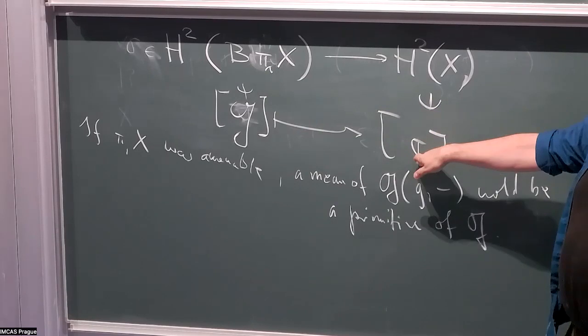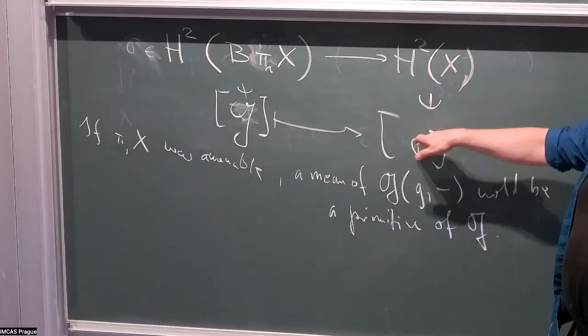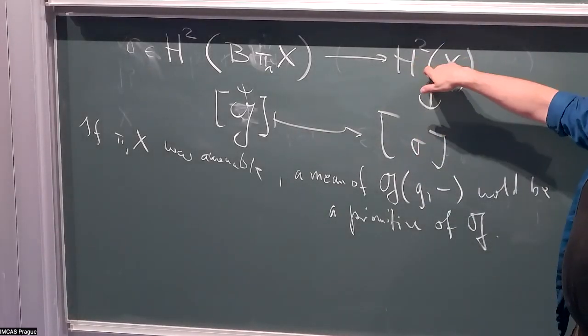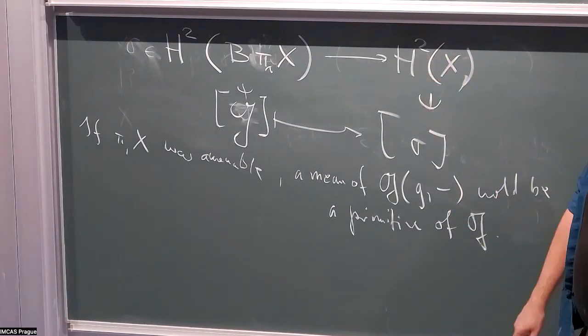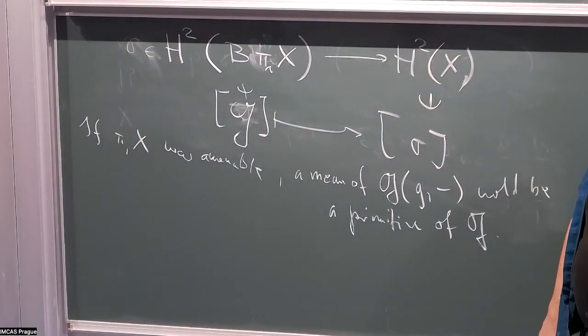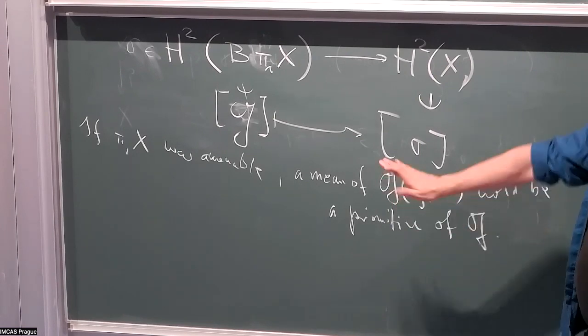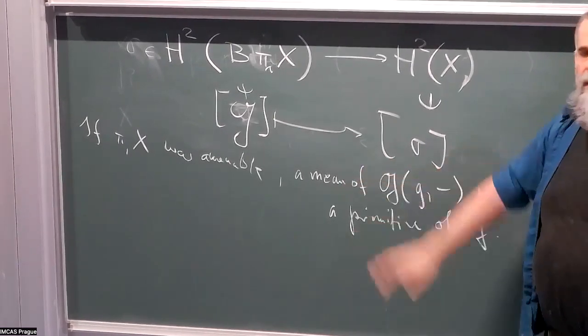And this one is non-trivial because its top power is a volume form, a non-trivial class in here. This shows that the fundamental group cannot be amenable.